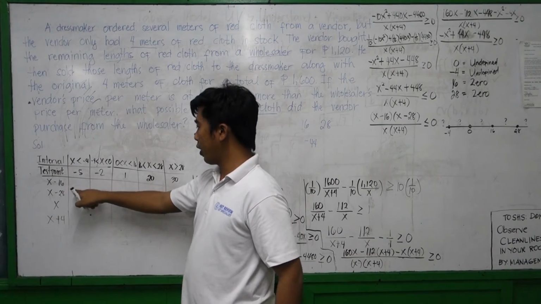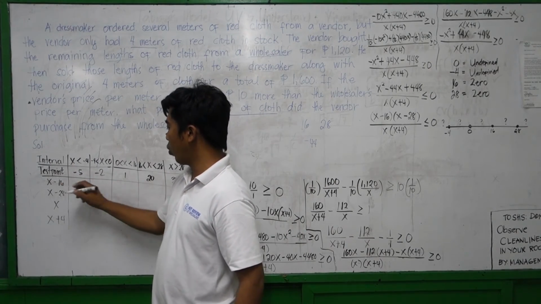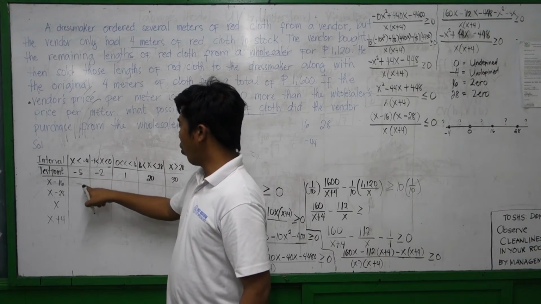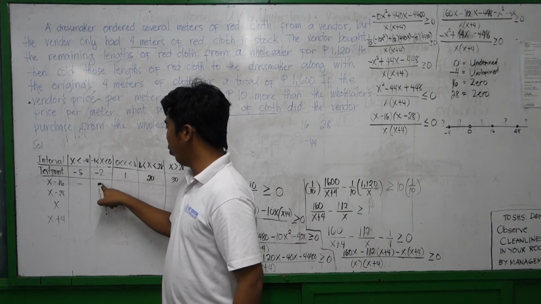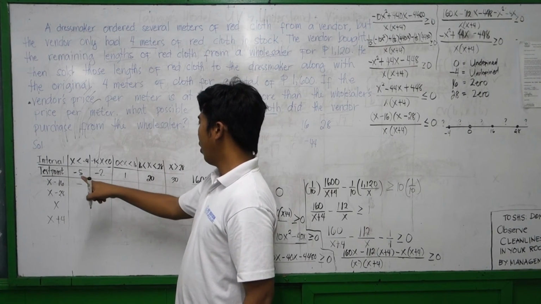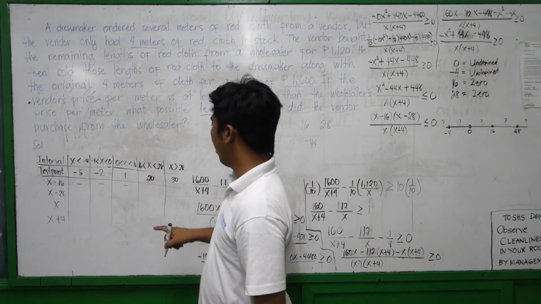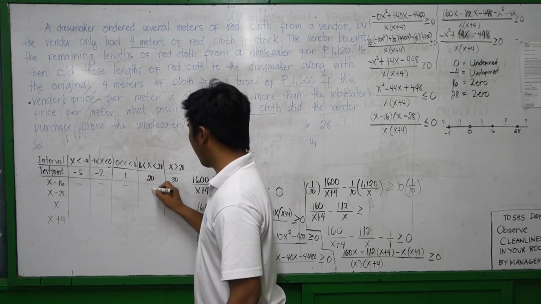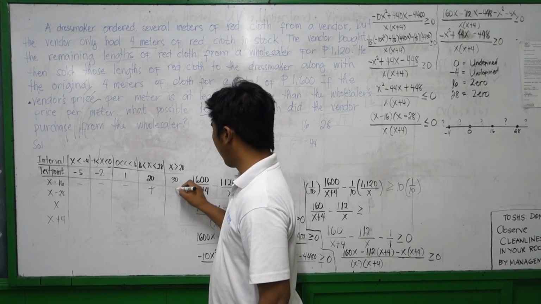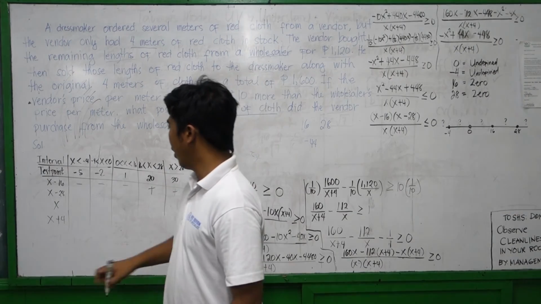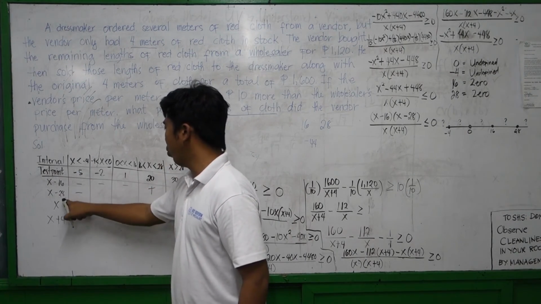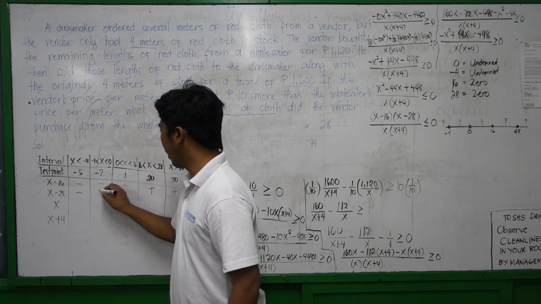x minus 16, kung negative 5 ang x, so this would be negative. Okay? So, kung negative 2, still negative. Positive 1, that's still negative. 20 minus 16, that's positive. Diba? Now, 30 minus 16, that's positive. Now here, x minus 28, negative 5, negative 2, this is negative.